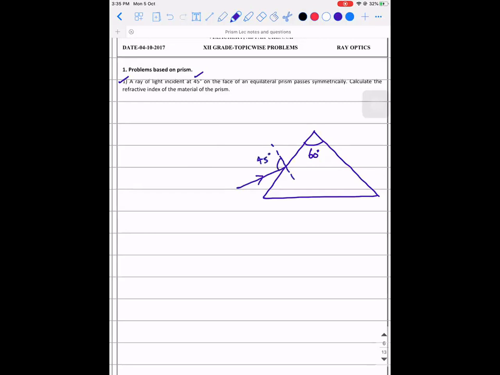And what are they saying? One word is important. And the ray passes symmetrically. What is the meaning of it? Symmetrically in the sense, howsoever it has entered, it will leave in the same manner. Okay, then this will also be 45 degrees. Now our work is to calculate the refractive index of this material.